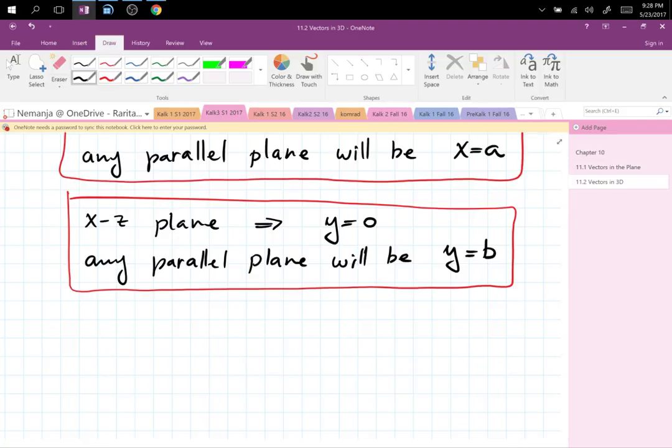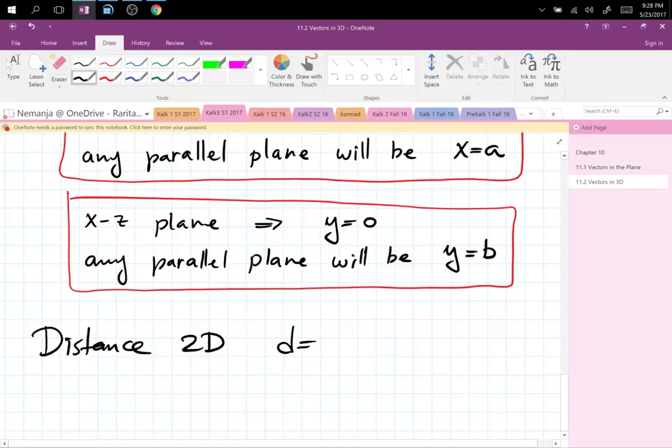Now, we also want to calculate the distance between objects. We know that distance in 2D was x2 minus x1 everything squared plus y2 minus y1 everything squared.